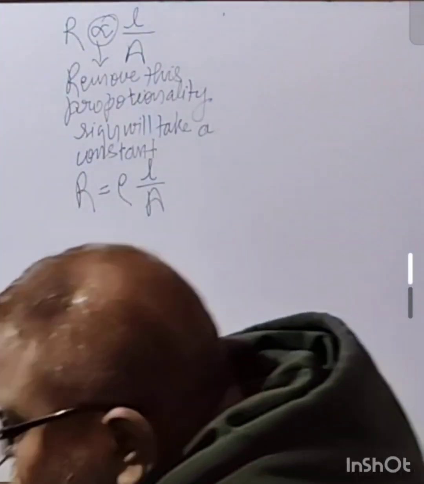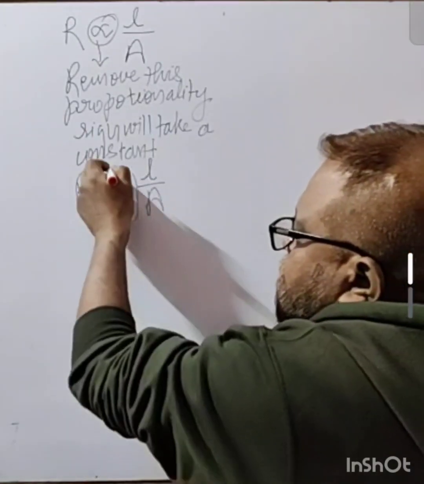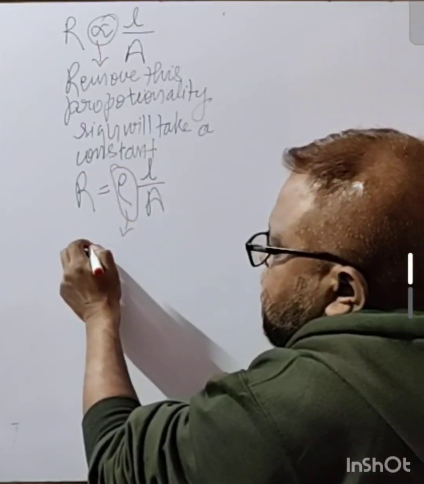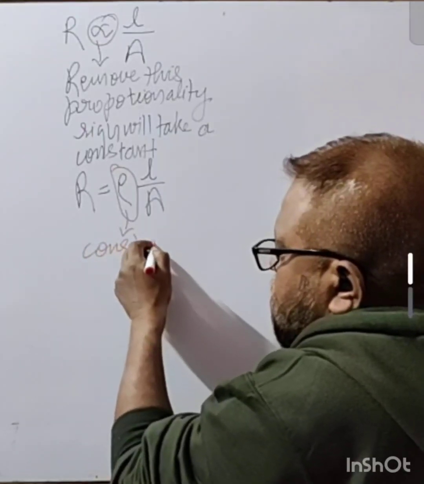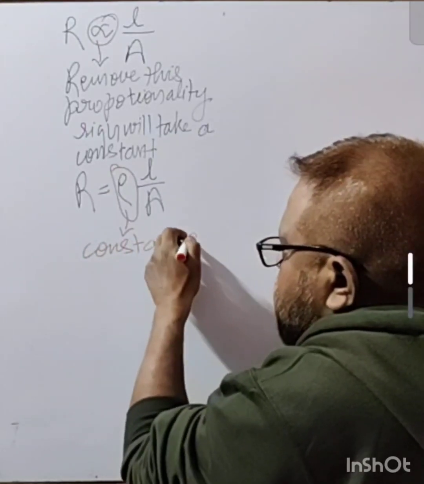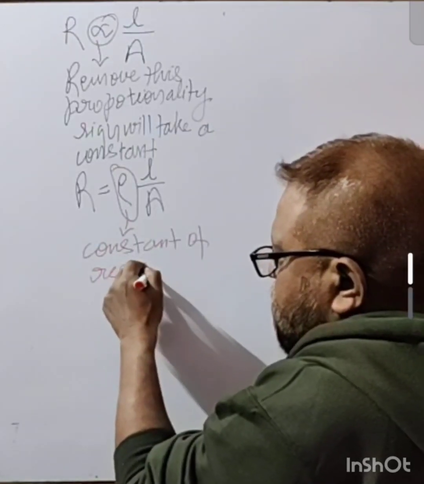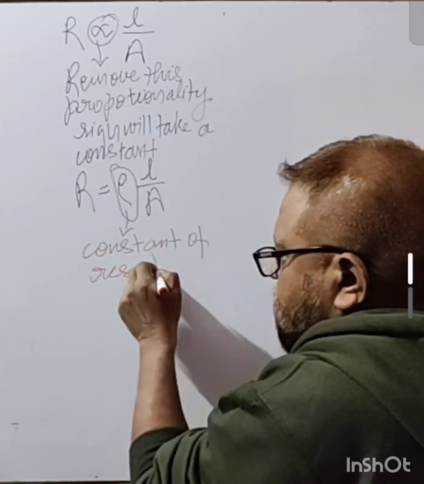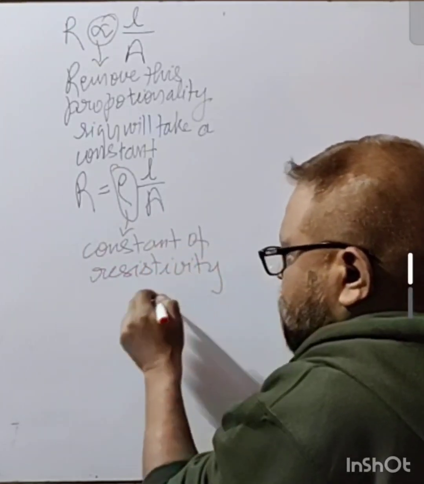This rho is known as constant of resistivity. Constant of resistivity, right?